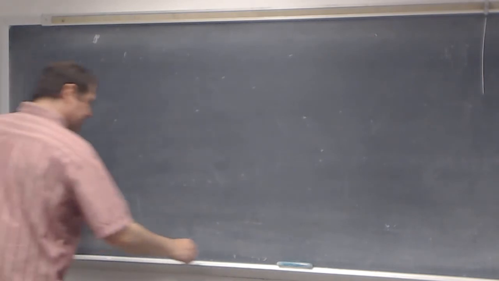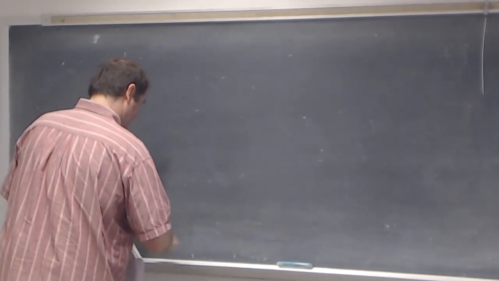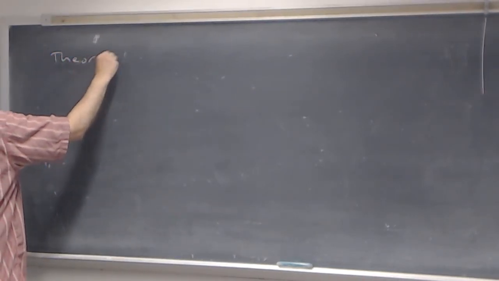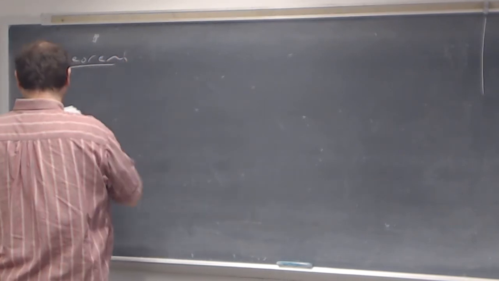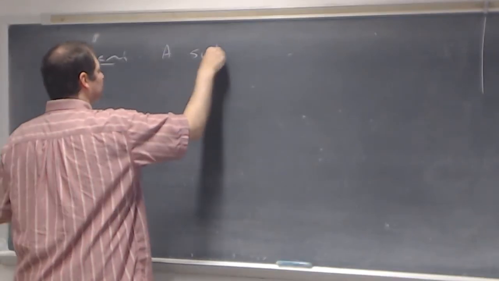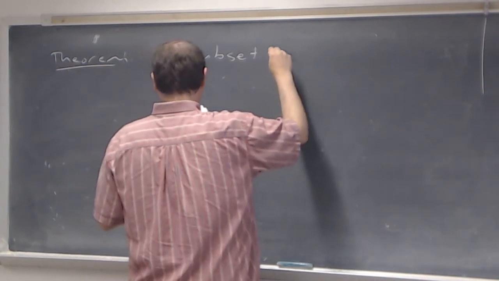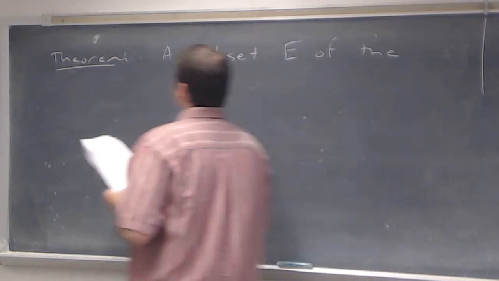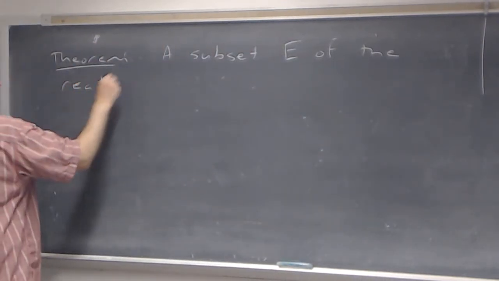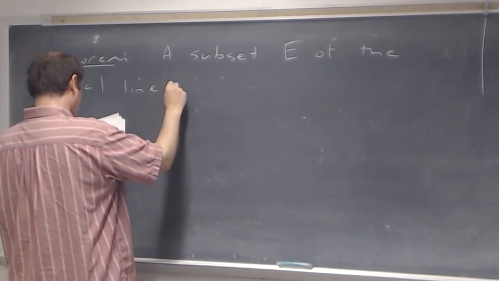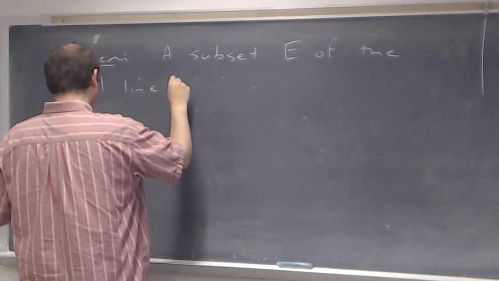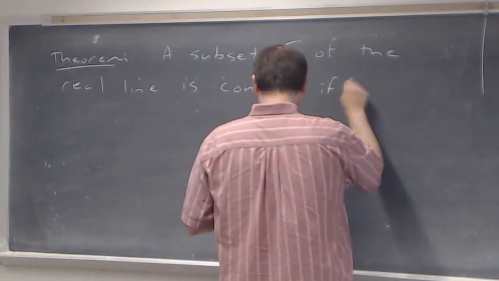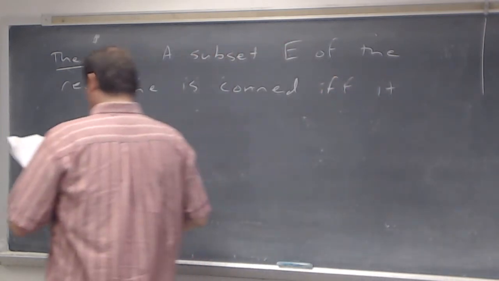So here's the last theorem that we're going to do in chapter 2. This is the last theorem that we'll cover for test 1. And here's what it says. It says a subset E of the real line is connected if and only if it has the following property.